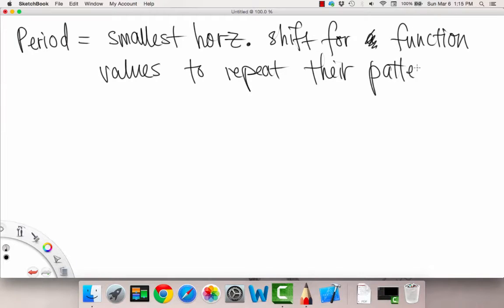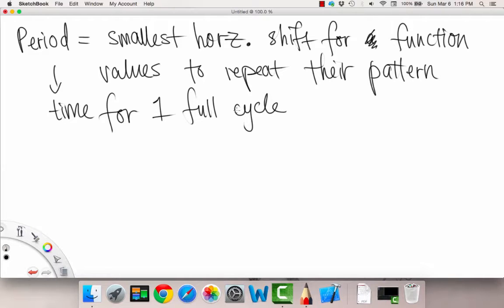This is also the time for one full cycle to occur, for that section of the pattern to repeat and repeat and repeat.